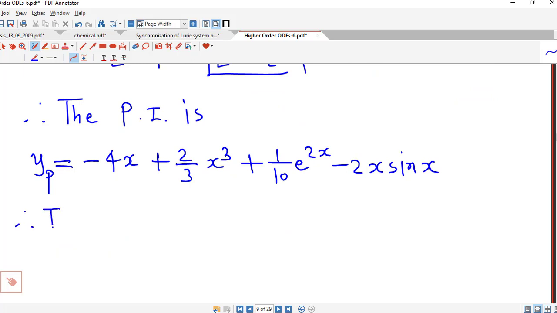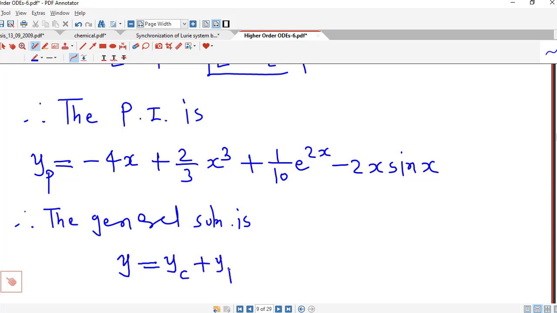So therefore we can write down the general solution. The general solution is y equal to yc plus yp.